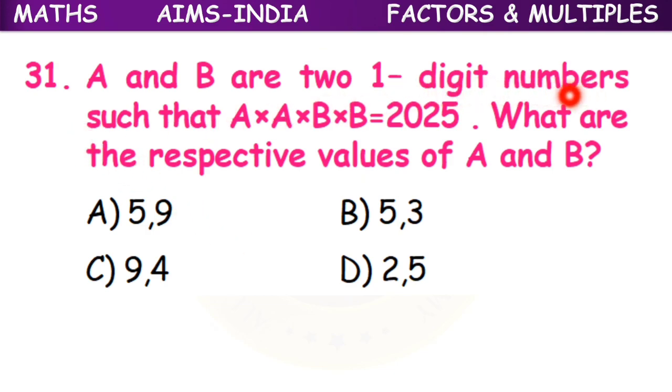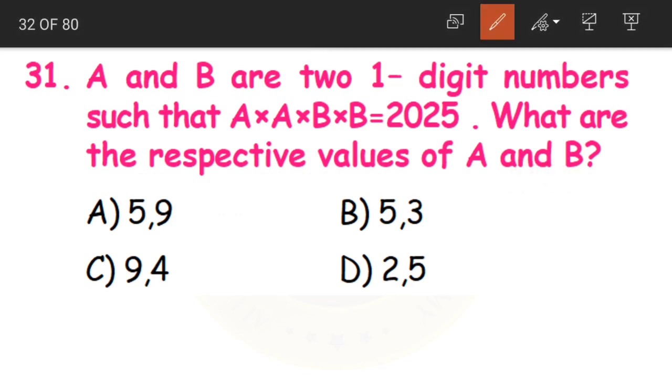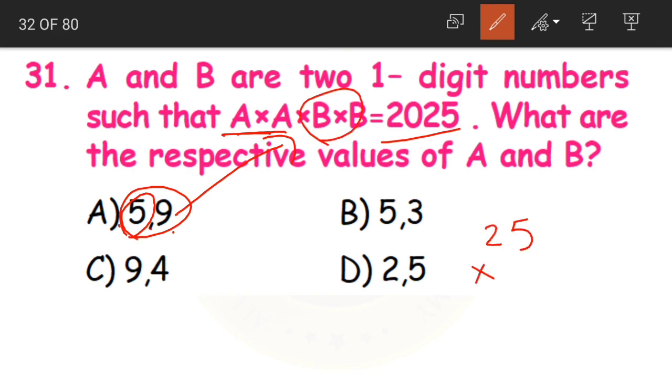A and B are two one-digit numbers such that A into B is equal to 2025. What are the respective values of A and B? Now we'll take each of the given numbers and then multiply them to see whether the product is 2025 or not. Let us see. A into A, that means 5 5s are 25, into B into B, that means 9 9s are 81. 25 into 81.